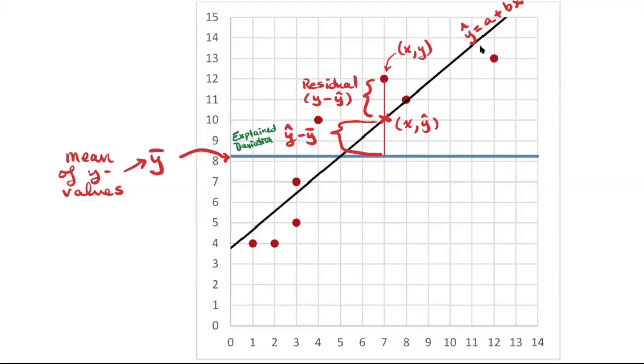Again, this is not a cause and effect thing, and we do a lot to avoid saying cause and effect. We say one thing helps explain the other, but that doesn't mean it's a causal relationship, even though I'm saying it explains it. It's a little hokey. The residual part is the part that you could not have predicted. That's the unexplained deviation. This city has a murder rate that's 12, and we only predicted a 10.